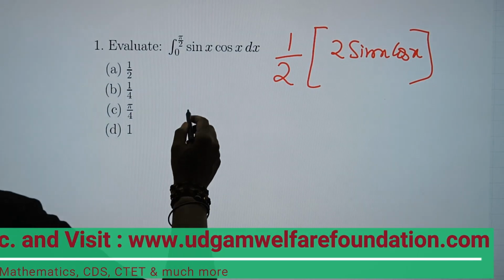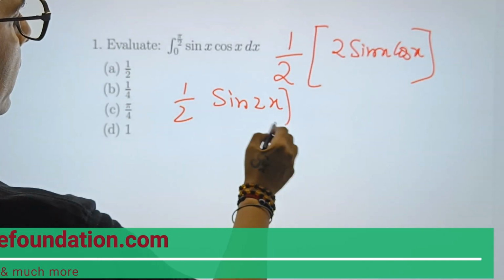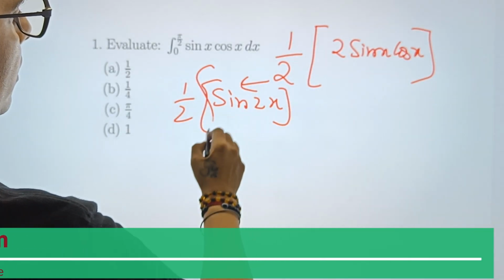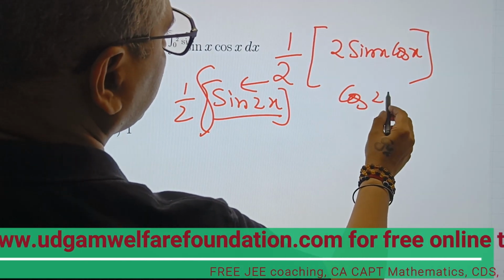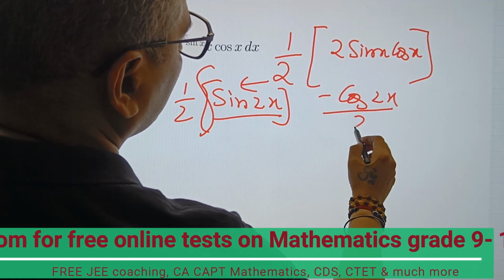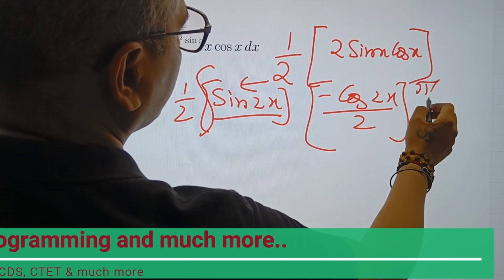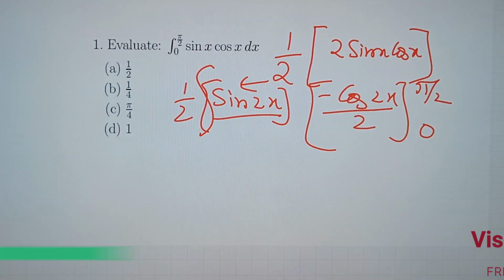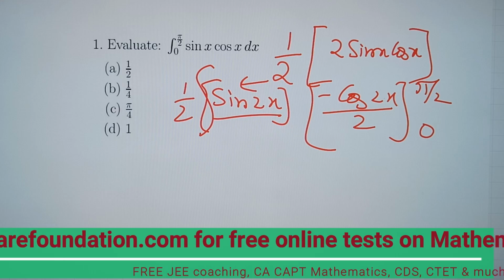So 2 sin x cos x will give you 1 by 2 sin 2x. Now we can simply integrate this trigonometric function, that is negative of cos 2x upon 2. Now we can simply put the upper limit and lower limit. So here we are getting minus cos 2x by 2, the upper limit is pi by 2 and the lower limit is 0.